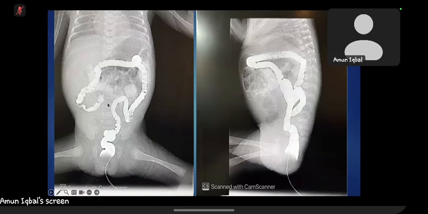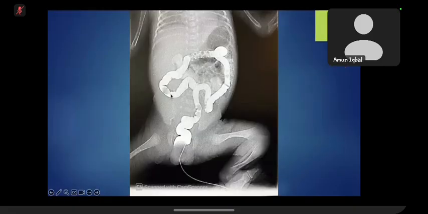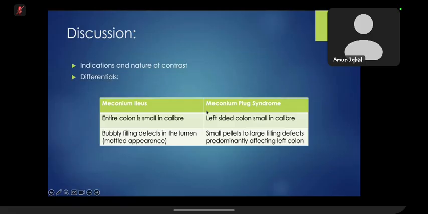For example, on the right side they are here, on the left side here, but on the other films they were in different locations. See this one here, because we are giving a therapeutic intervention to the baby. The water-soluble contrast is therapeutic. So all these pellets are going to be flushed out. And if the baby passes the stool on the table, that means that the meconium ileus is relieved.